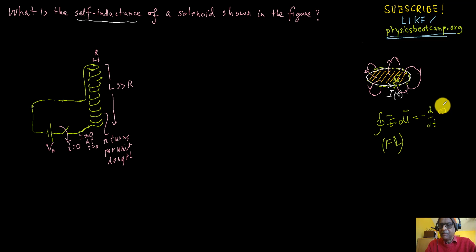Phi B is just the magnetic flux, B dot n hat dA.